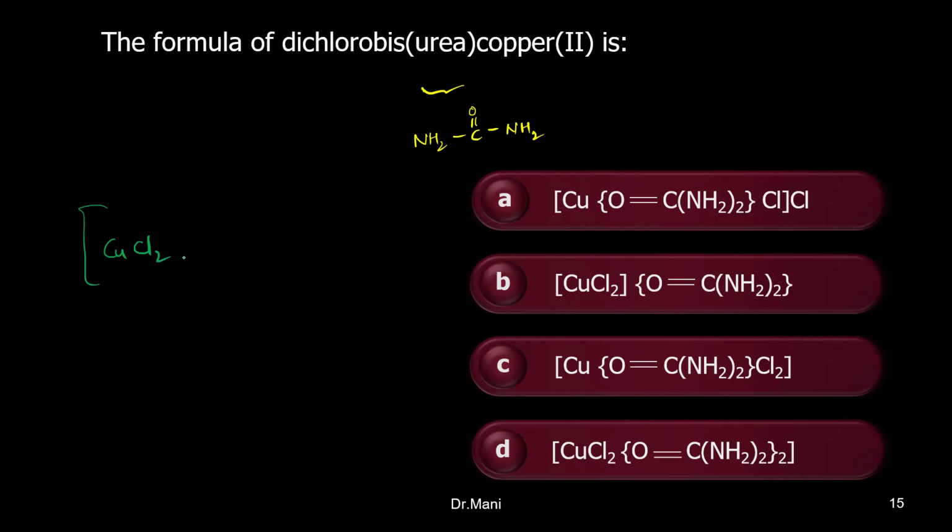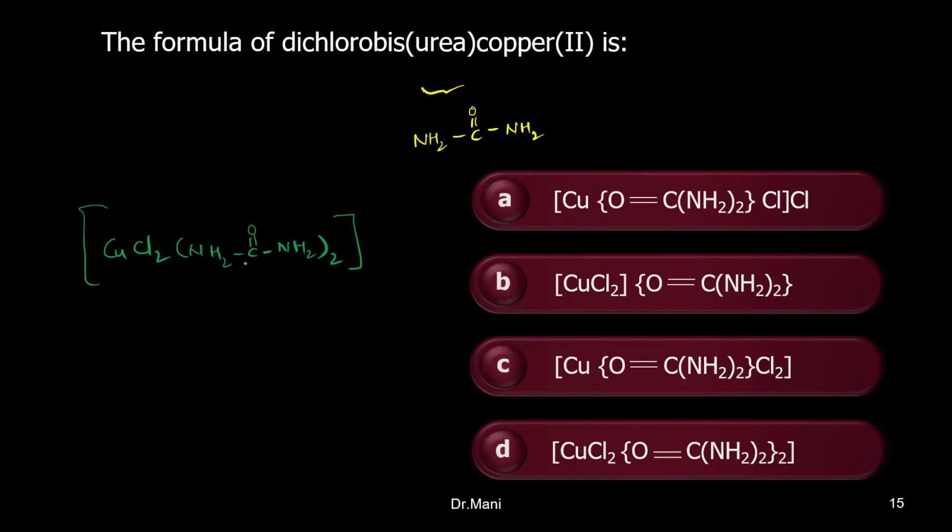Next, urea, sir. Urea, so how many are there? NH2 C double bond O NH2. How many are there? 2, sir. 2. Okay. And put it in brackets.